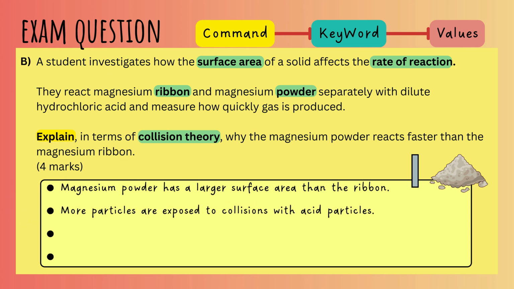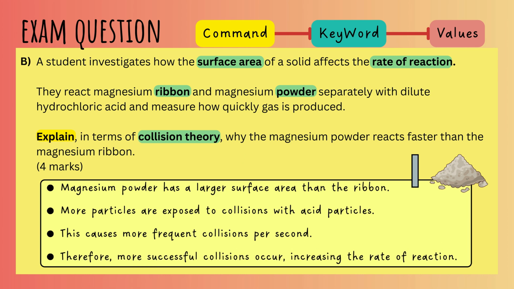More particles are exposed to collisions with acid particles. This causes more frequent collisions per second. Therefore, more successful collisions occur, increasing the rate of reaction. Anything along those lines, and usually there's a few options for examiners to choose from, and you'll get those 4 marks.